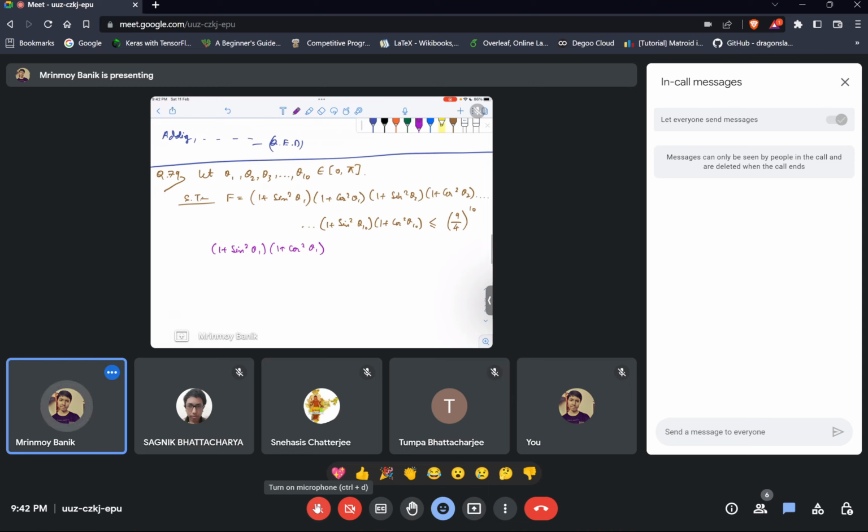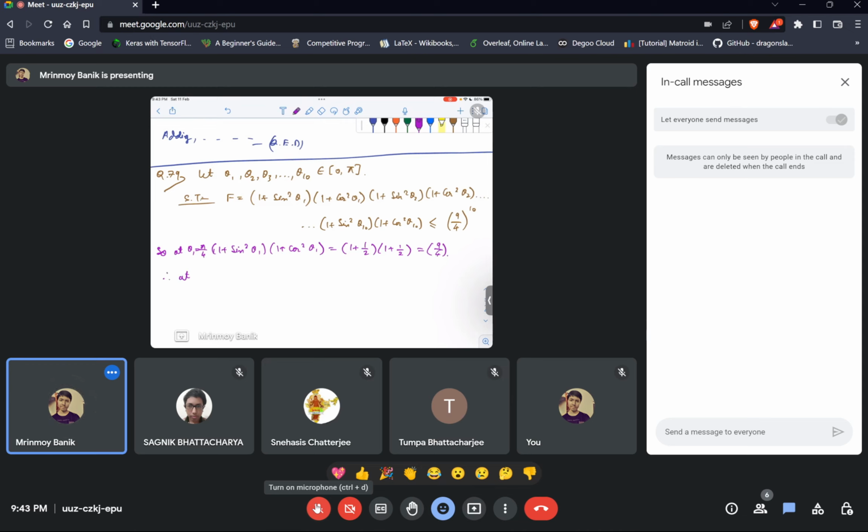Well, at pi by 4, theta 1 equals pi by 4, this thing is 1 plus half times 1 plus half. That's 9 by 4. So we've already got the upper bound. The upper bound is achievable.